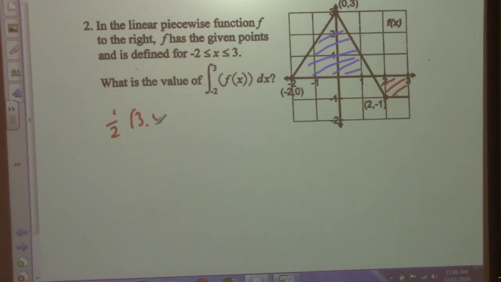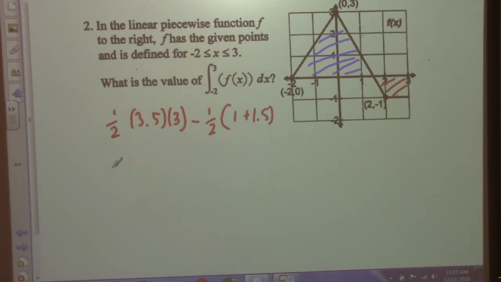I'll call it 3.5. Base times height, minus this area here, which, remember the area of a trapezoid? It's 1/2 of base 1, which looks like 1, and base 2, which is 1.5.